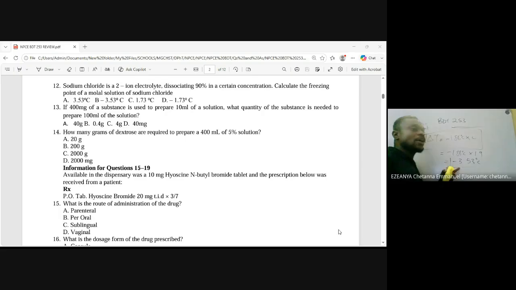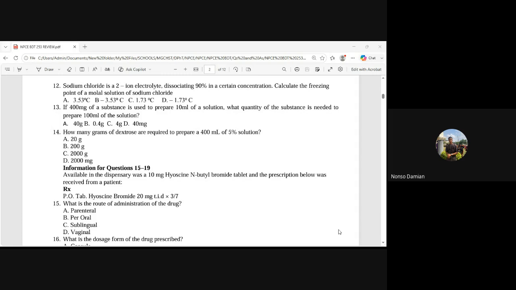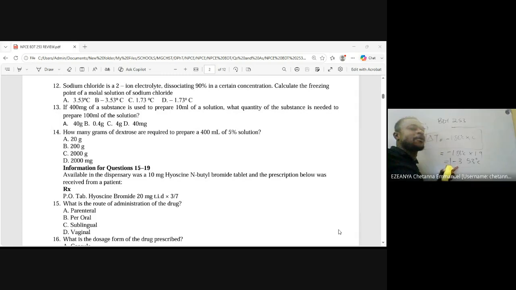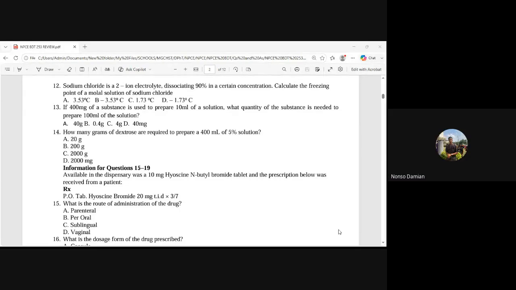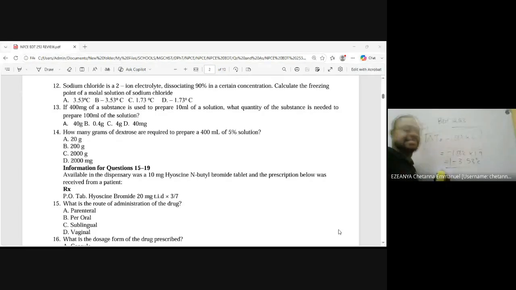So if water normally has a freezing point of 0, you now add sodium chloride, the freezing point of the new solution will be minus 3.53. By how far did that sodium chloride you added depress the freezing point of water? I think it's by 3.53. By 3.53, yes.